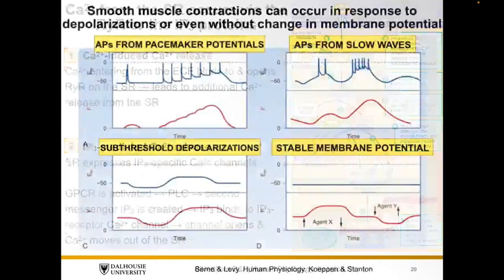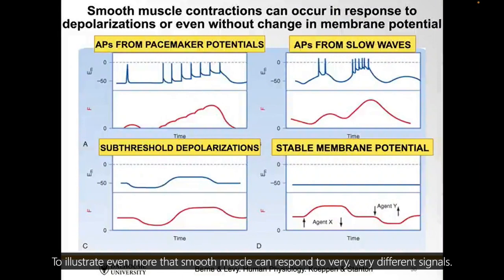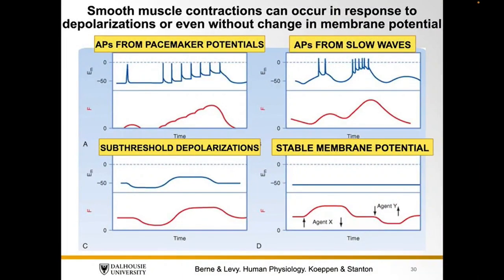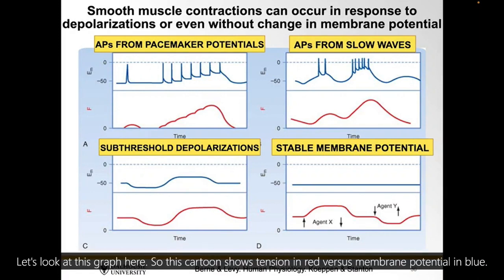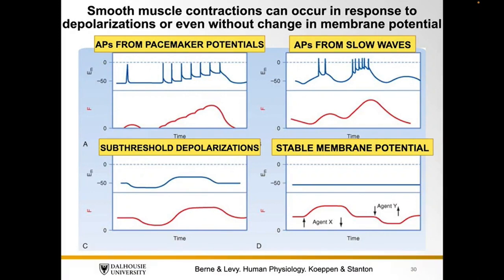To illustrate even more that smooth muscle can respond to very different signals, let's look at this graph. This cartoon shows tension in red versus membrane potential in blue. If we first focus on the top panels, you can see in blue that this cell is firing action potentials.